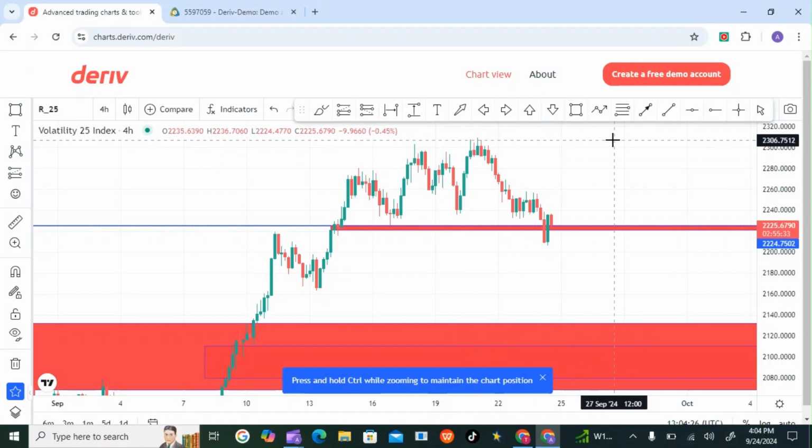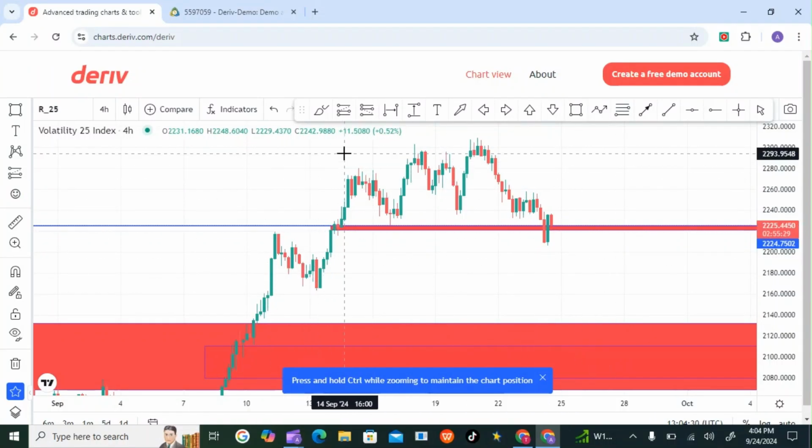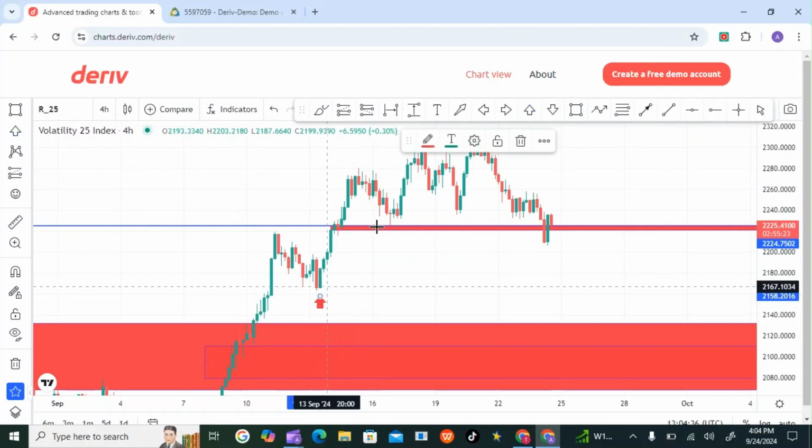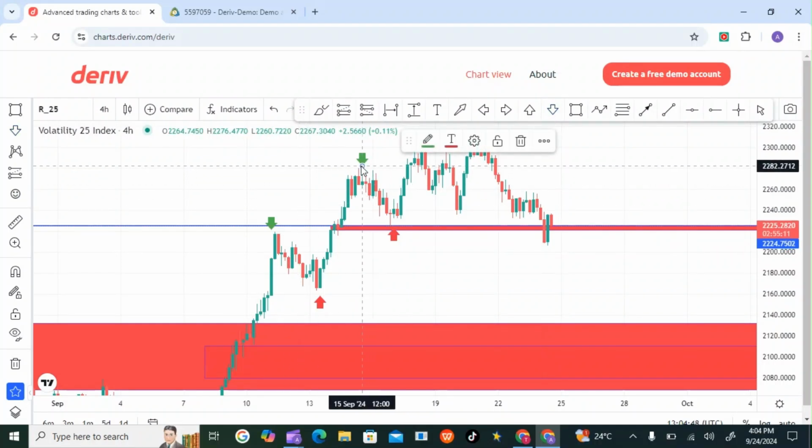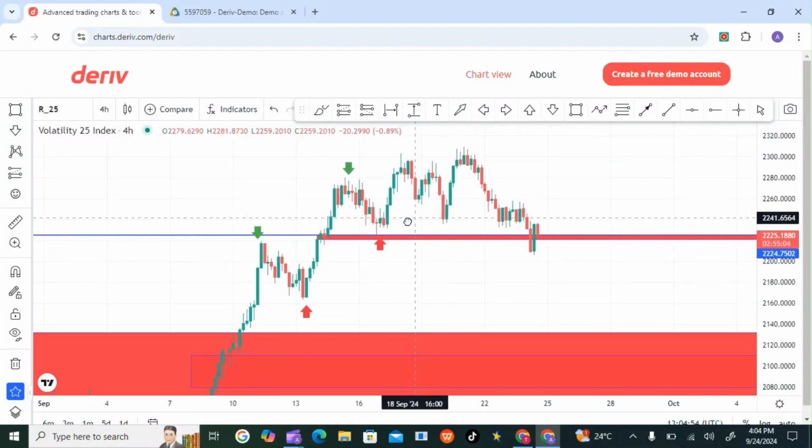I told you, whenever the trend forms higher highs and higher lows, I hope you can identify them. This is a higher low and this is a higher high. So whenever the market identifies these zones, this is a higher low and this is a higher high. So this was an uptrend, a continuous uptrend in the 4 hours.